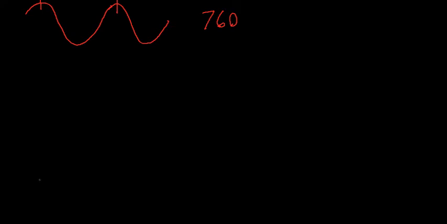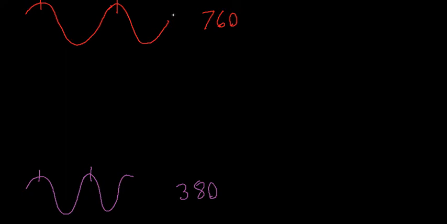Now, let's go all the way down here and wiggle the electron exactly twice as fast. That's about twice as fast. Which will produce a wavelength that is exactly half the wavelength of the red wave up here. Half of that wavelength would be 380.